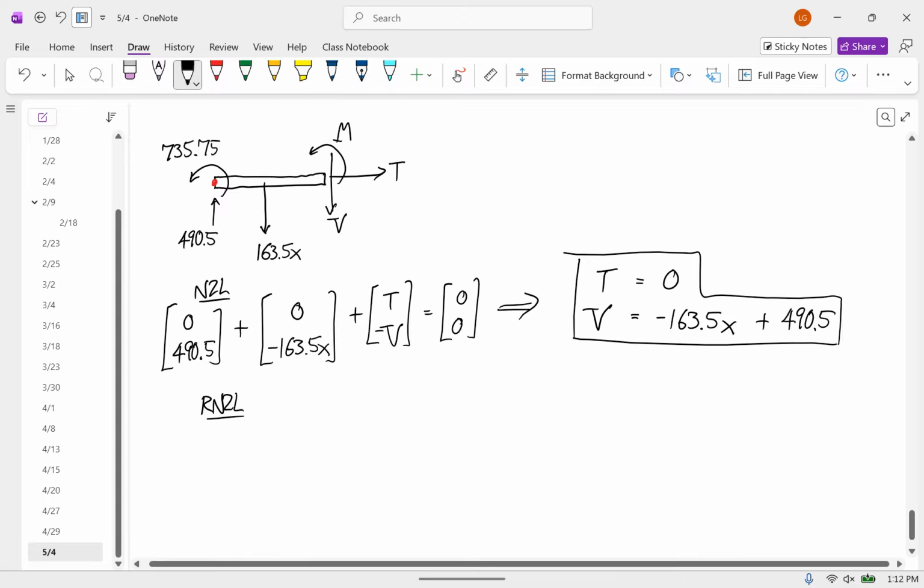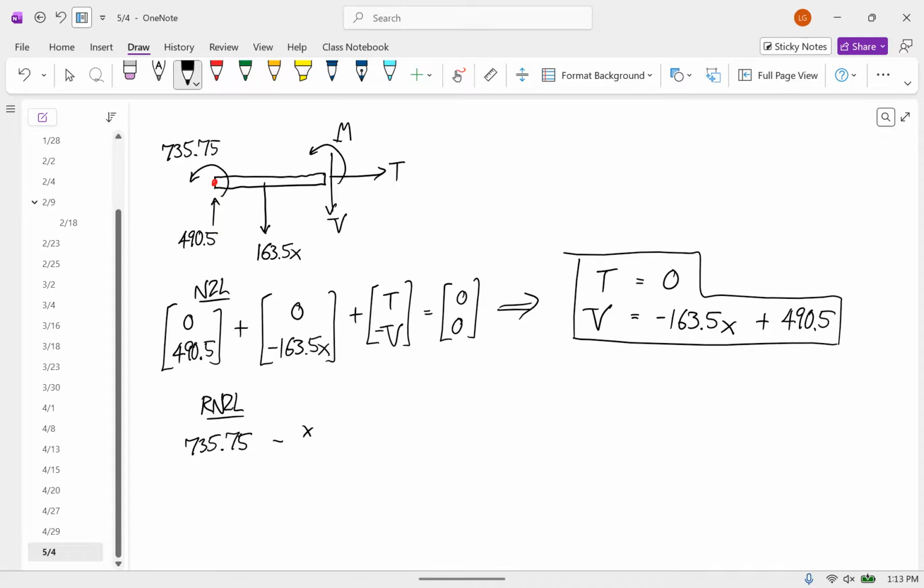Okay, so we have positive 735.75 minus x over 2 times 163.5x plus M minus Vx is equal to 0.